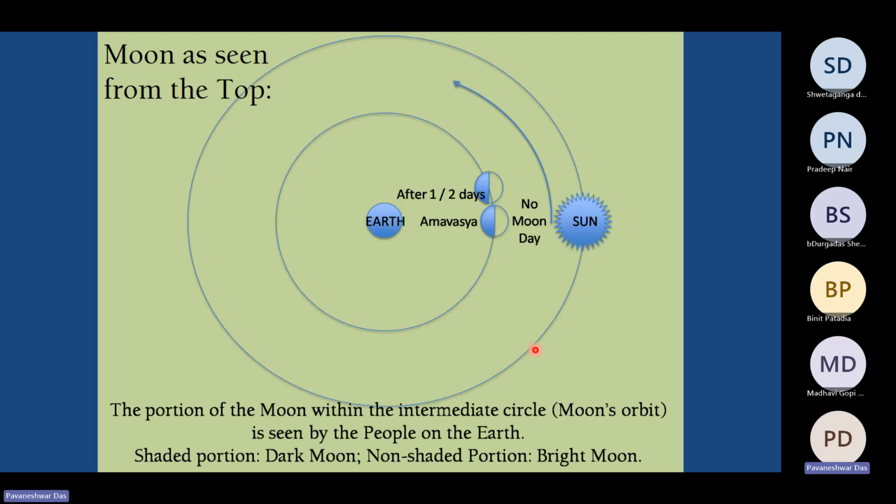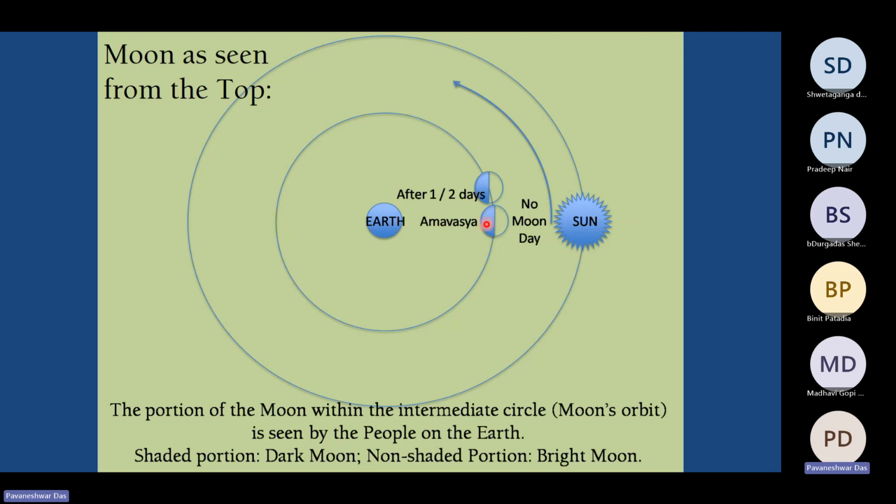Now let us see. On the Amavasya day, like on Diwali, which is going to come next week, the sun and moon will be rising together. When the sun is here, the sun rays fall on this part of the moon, and this part of the moon becomes bright.